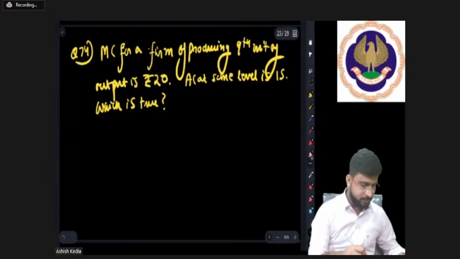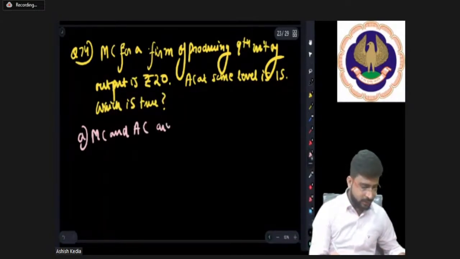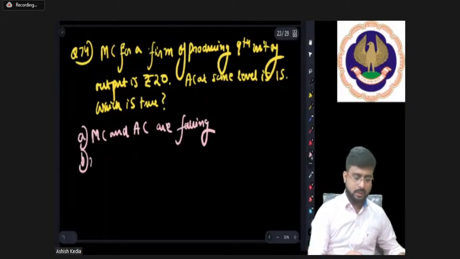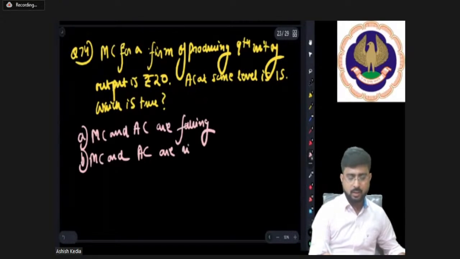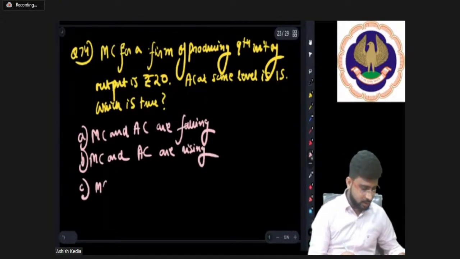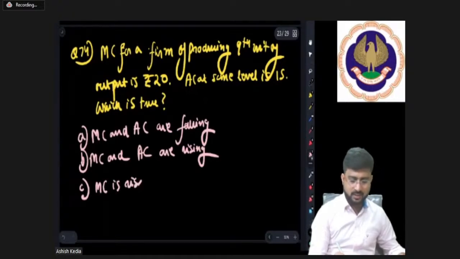Option A, MC and AC are falling, both are falling. Option B, MC and AC are rising. Option C, MC is rising, AC is falling.